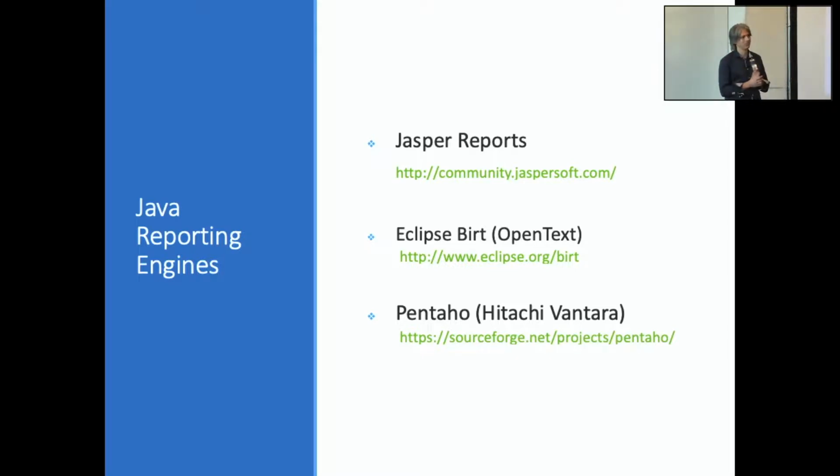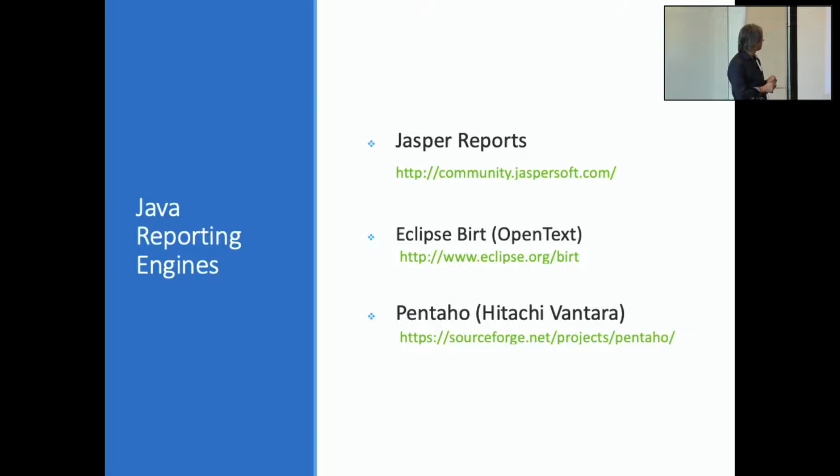What I used to present in the Progress User Group sessions was Java reporting engines. Those are still a valid solution for you. They are all open source and also provide a commercial variant if you are interested in support. A couple of things have changed since my last talk.